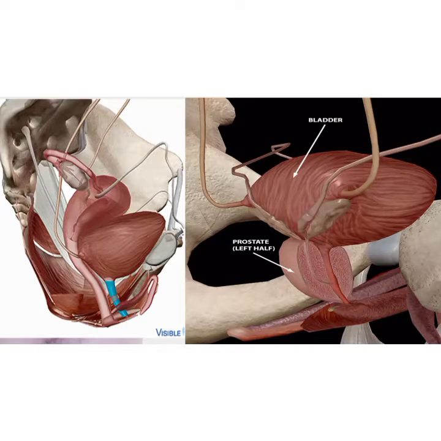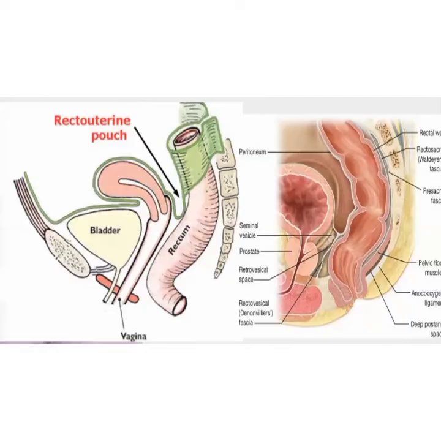The upper part of the base is separated from the rectum by the rectovesical pouch. This is a peritoneal pouch. Rectovesical, between the rectum and the vesicle it is present, so called a rectovesical pouch, and it contains the coils of intestines.